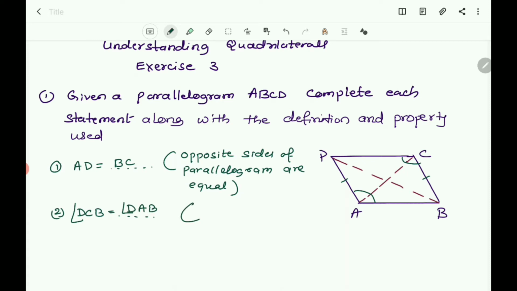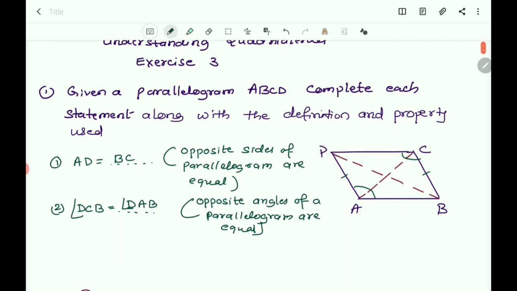Property used is here, opposite angles of a parallelogram are equal. That is the property used here.